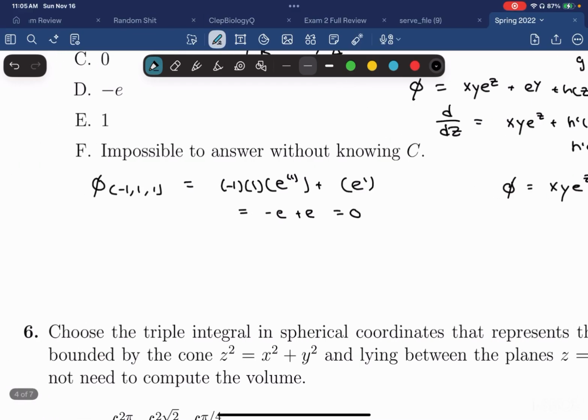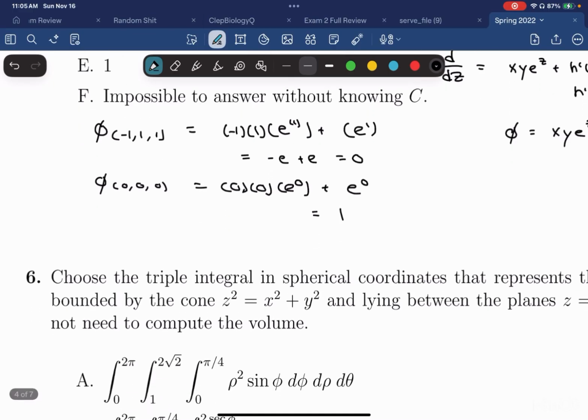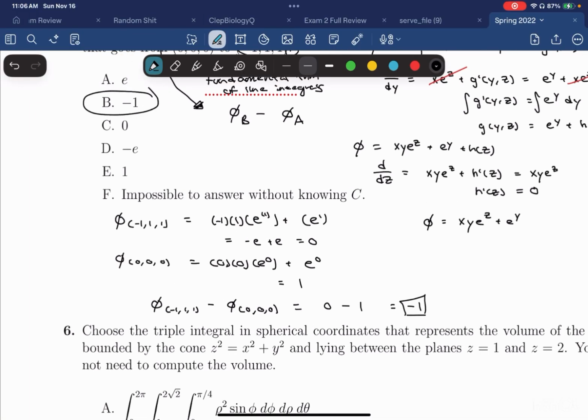Now the potential function at 0, 0, 0 will be equal to 0 times e to the power of 0 plus e to the power of 0, which is simply equal to 1. Then if we do the potential function at negative 1, 1, 1 minus the potential function at 0, 0, 0, you simply get 0 minus 1, which gets you the answer negative 1, which in this case is answer choice B.